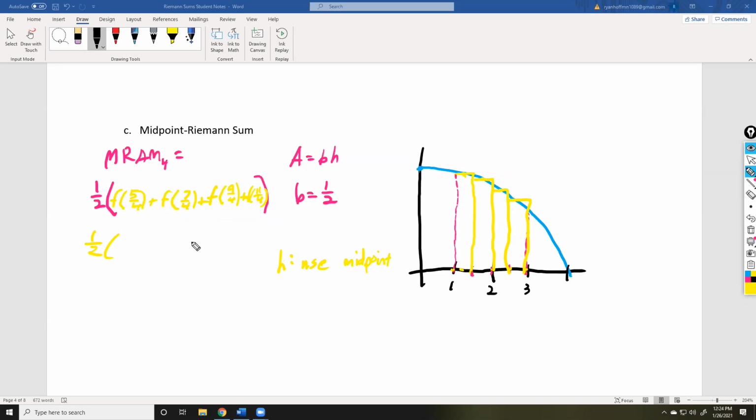Like plugging in 5/4 and 7/4. This is a lot more complicated. You wouldn't have to do this by hand most likely, so I'm not going to. But this is going to get an answer that is even closer to our actual answer than we had before.